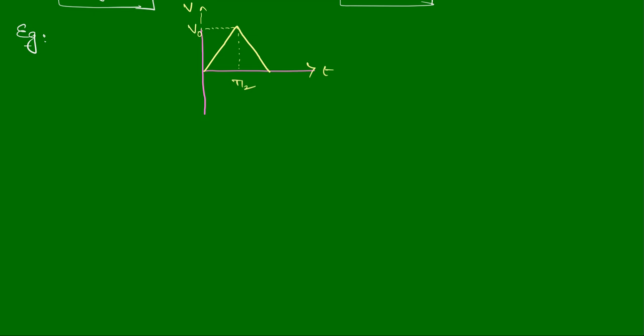So for that half cycle, they will ask you what is I average or V average or VRMS over half cycle.